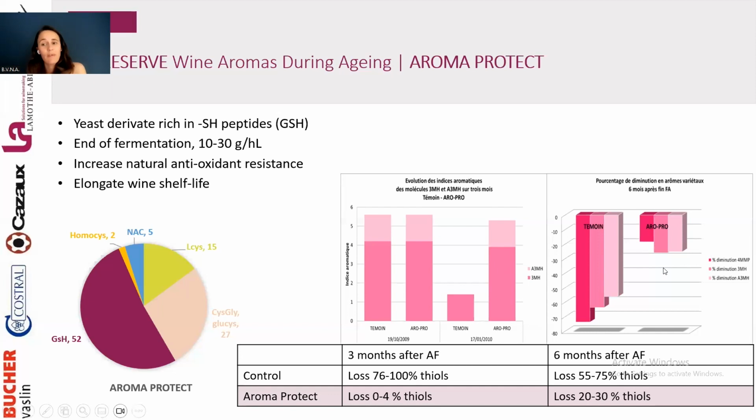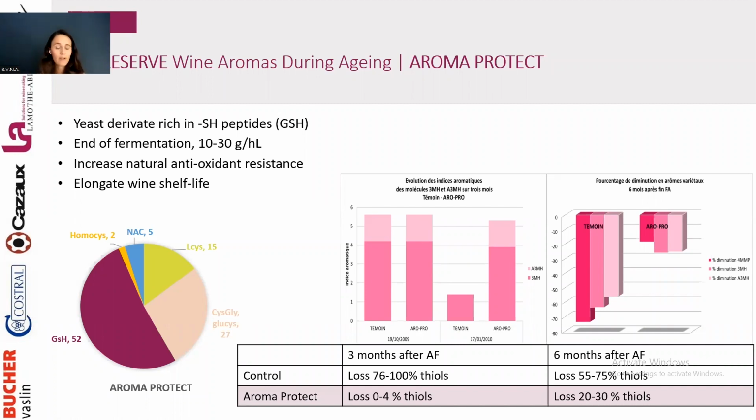When we look at 6 months of aging, that's another trial where we are seeing the control. We are looking in the graph at the loss of 4-MMP, 3-MH, and acetate 3-MH, and on the 2 thiols and the acetate, 6 months after fermentation, our control lost between 55 to 75% of its aromatic compounds, while the Aroma Protect in 6 months of aging lost only 20 to 30% of the thiolic compounds.